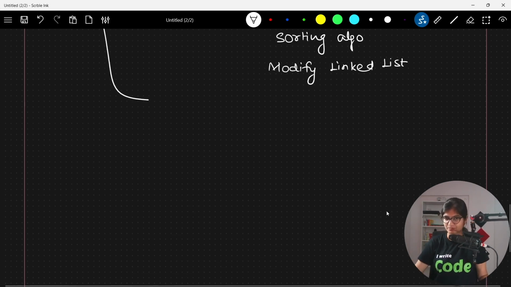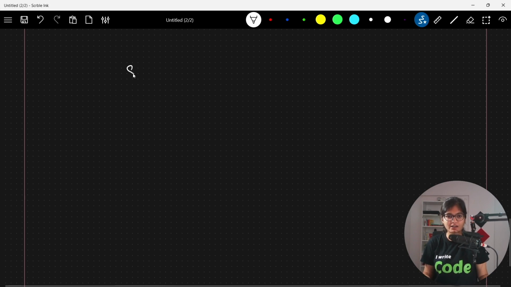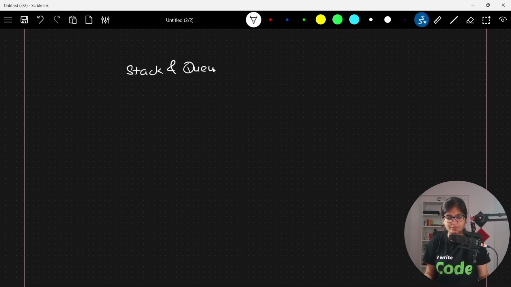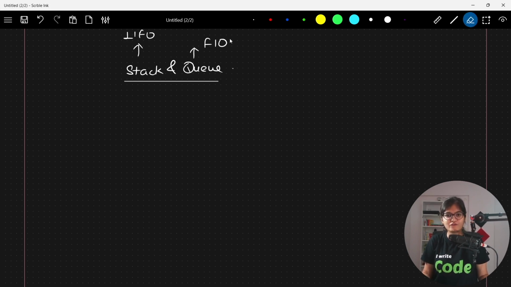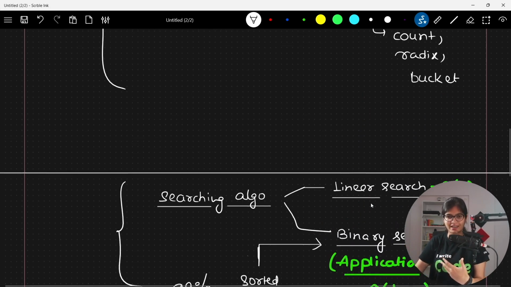After getting the linked list concept pretty well, you can start with the stack and queue data structures. Here it's not enough that you just know stack is LIFO and queue is FIFO, where LIFO means last in first out and FIFO means first in first out. You should know at least the pseudocode of the same, for every particular thing.